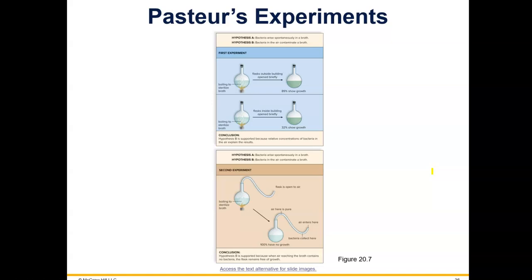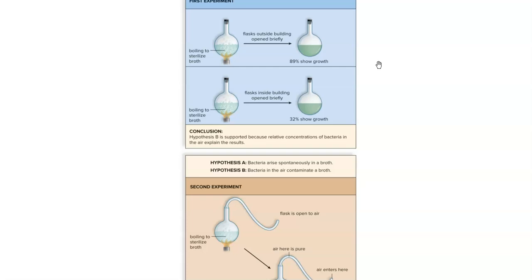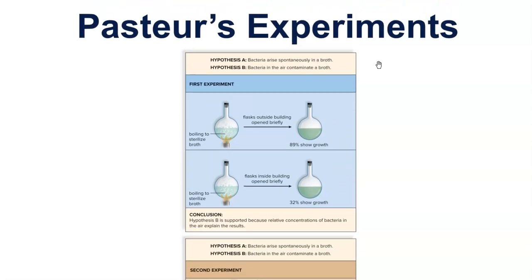And what we're going to look at are the experiments that were conducted by Louis Pasteur. Louis Pasteur experimented to see if he could use a different shaped flask to prevent the growth of bacteria. So in his first experiment, you can see he boiled the broth inside of a flask, and it had a stopper on it.